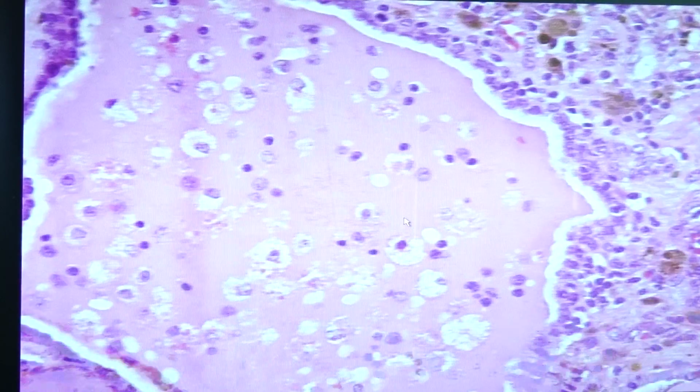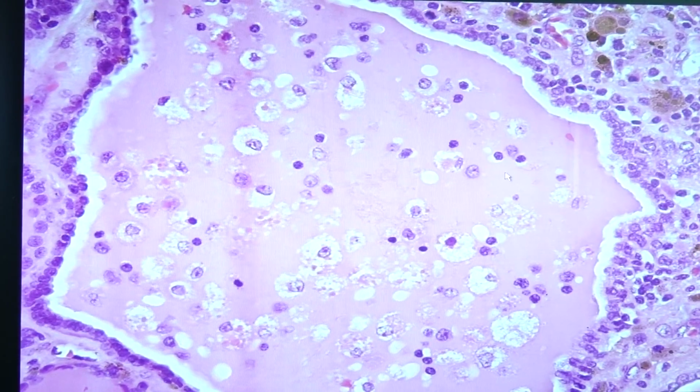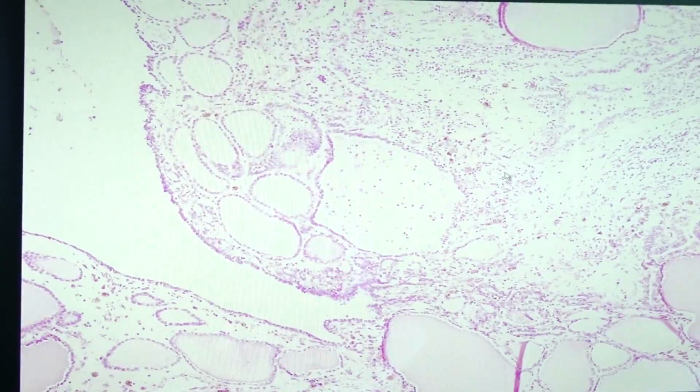So within some of the follicles, you see these hemosiderin-laden macrophages and lymphocytes. Okay, so this is a simple goiter.